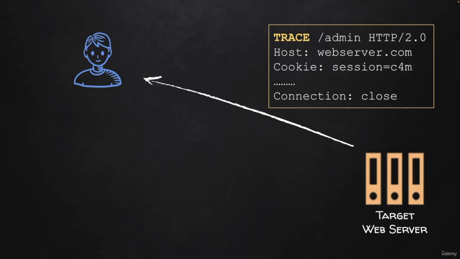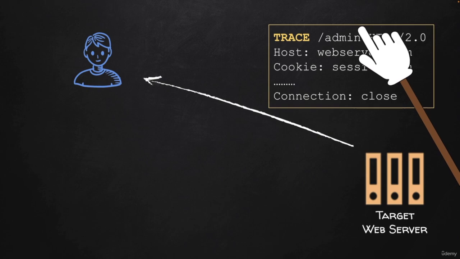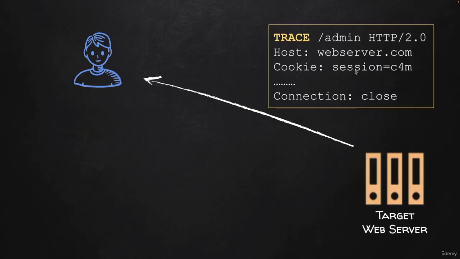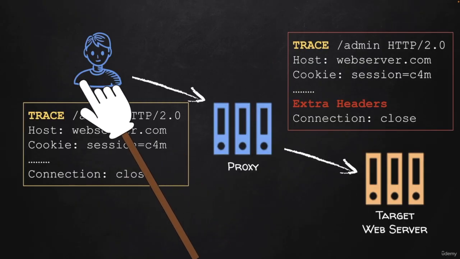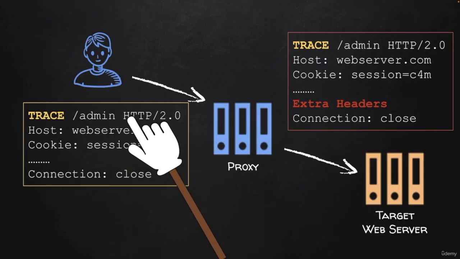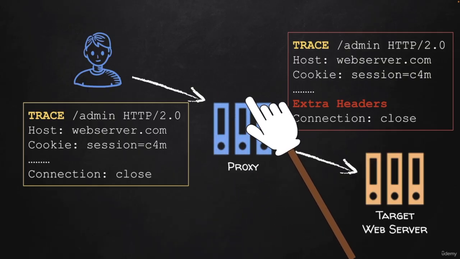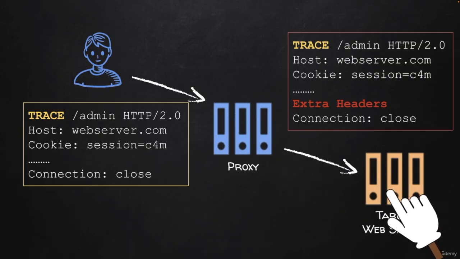This is very, very useful because it lets us understand whether the data that we sent to the server got modified at some stage. So in some cases, you send a request like so to the target server, but that request will pass through a number of points or nodes before it reaches the target server.